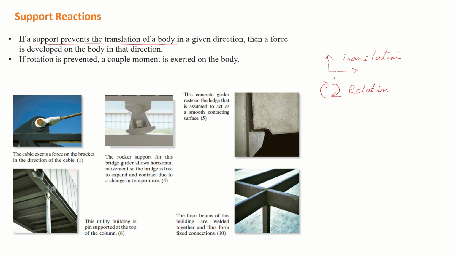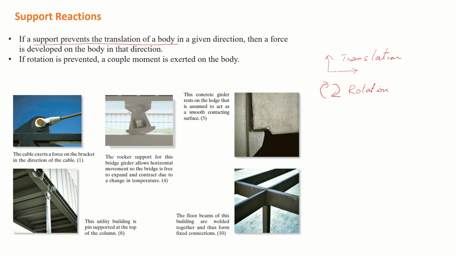So there are few supports which only restrict the translation, and there are few supports which only restrict the rotation, and there are also some few supports which support both types of motion. So if a support prevents only the translation of a body, then a force is developed on the body in that direction.